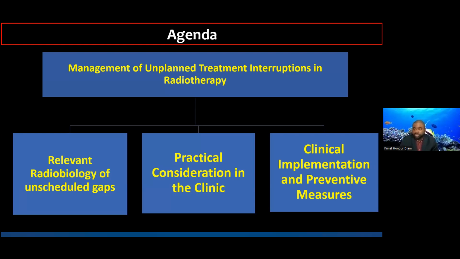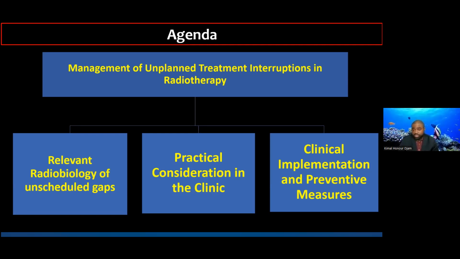Now, this is really important as a proposed way of dealing with gaps, because it really depends on the particular cohort of patients as well as the particular cancer type. Different cancers grow at different rates and behave differently with different radiobiological characteristics. Now we will take a deep dive on the radiobiology of unscheduled gaps in radiation therapy.